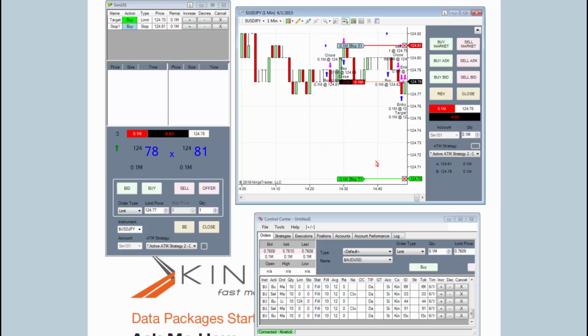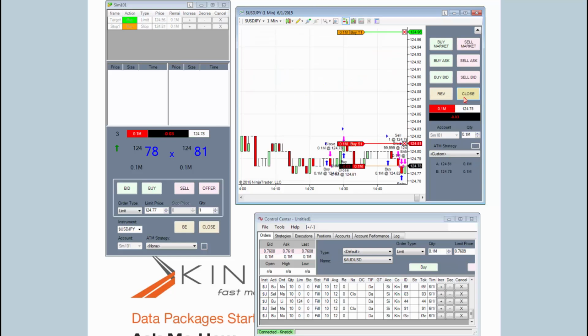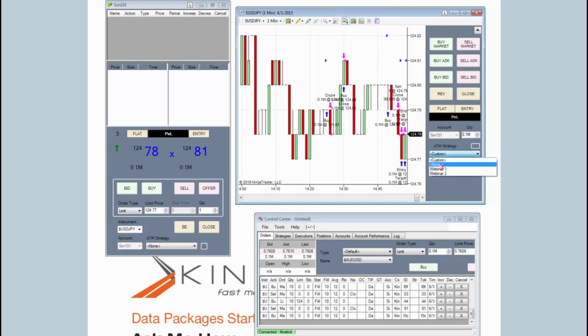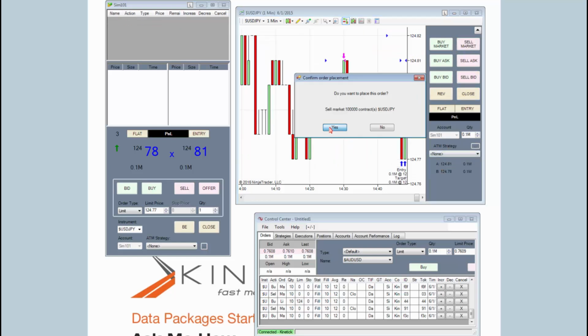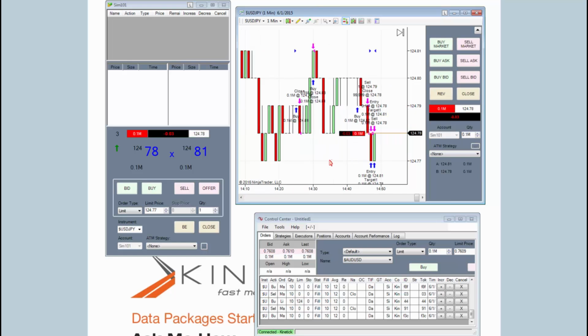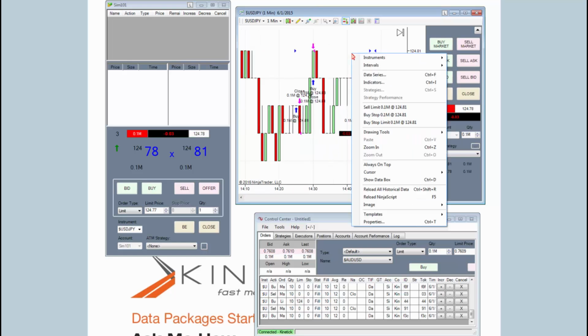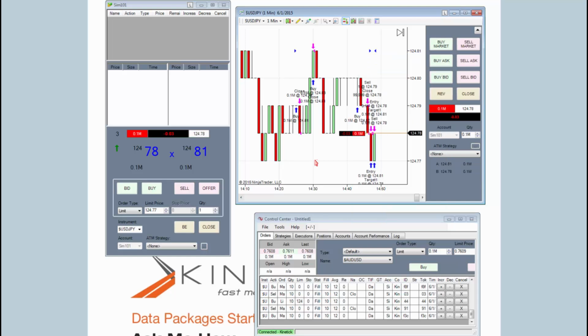So let's just say we sell market here and we're using our ATM strategy. Don't want to do that. Switch this to none. Let's sell market. And now that we're in a trade, I can right click and place any pending orders there. Let's say for example we're in a short position.